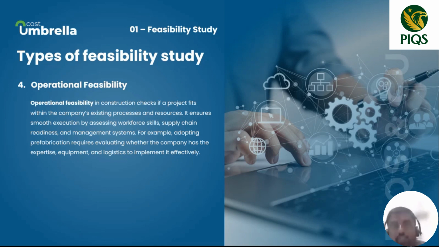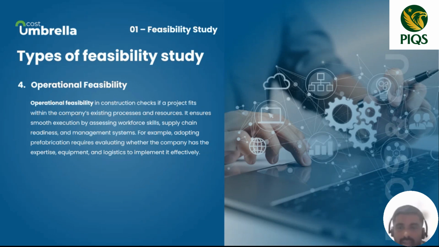If you're analyzing a situation like this in your projects or business, that is known as operational feasibility: whether I have enough operational flexibility to complete this project. Can we go to the next slide, please?